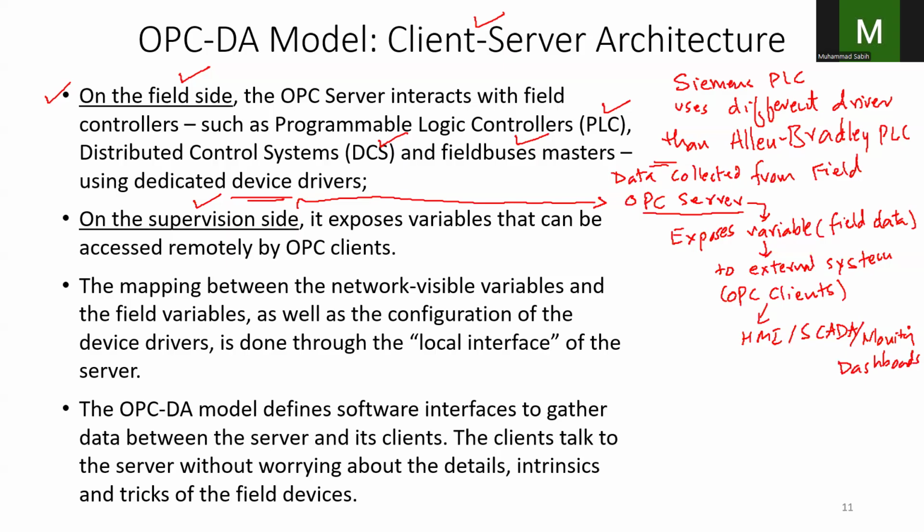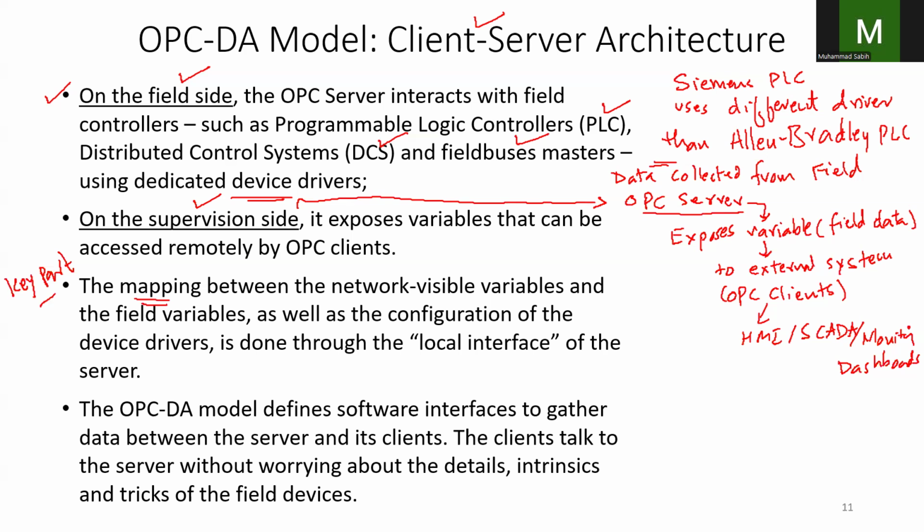So a key part of this is the mapping between the internal variables and the field variables, which the standardized OPC makes available to the network.